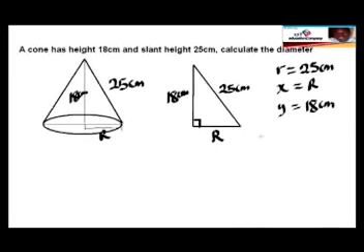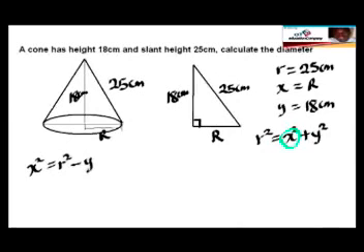So if I apply the formula which says R square is equal to x square plus y square, and what I'm actually looking for is this very value here, x square. So what I'll do is to make that the subject of the formula, and I'll have x square is equal to R square minus y square.